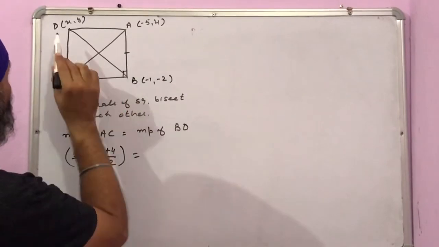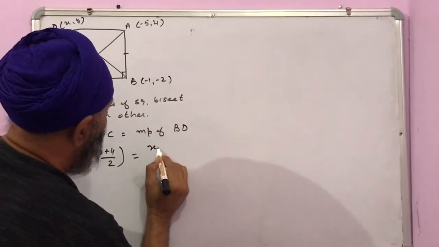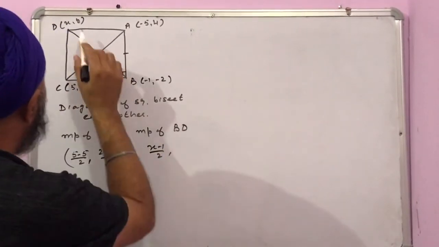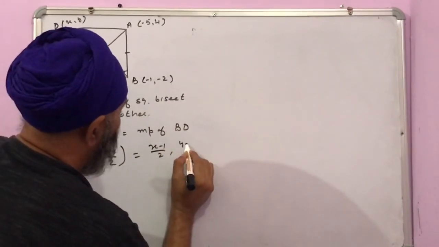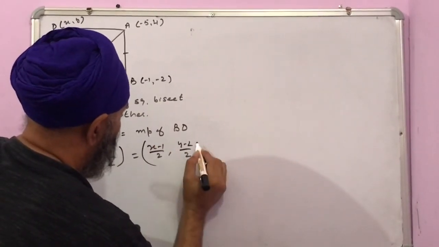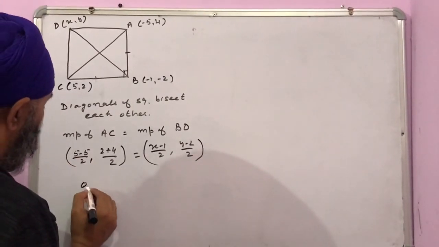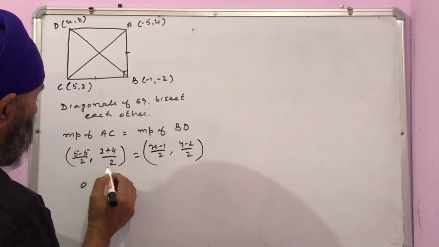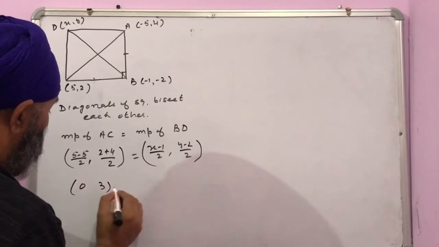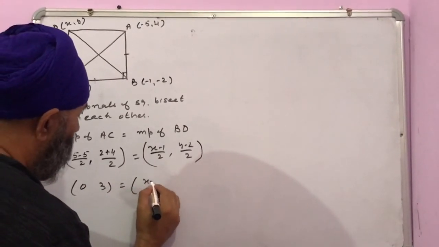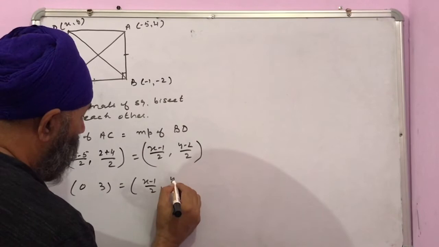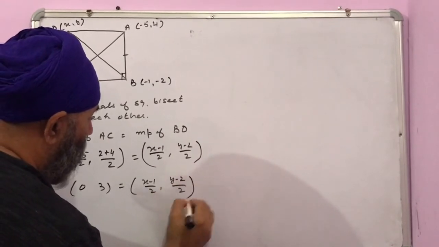Midpoint of BD is (x - 1) by 2, comma (y - 2) by 2. So 5 minus 5 by 2 is 0. 2 plus 4 by 2, 6 by 2, 3. (0, 3) is equal to ((x - 1) by 2, (y - 2) by 2).